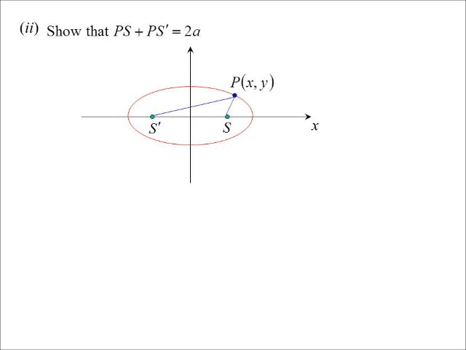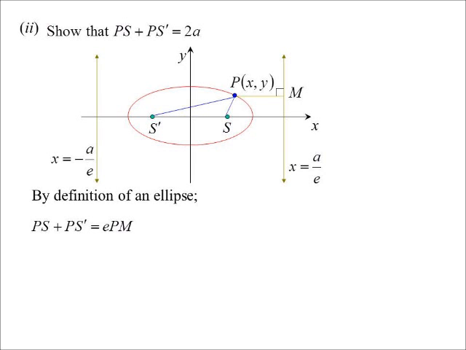And there's a very neat little proof. Remember, it's always easier to find vertical or horizontal distances than it is to find ones at an angle. So, definition of an ellipse. I know that PS plus PS dash is equal to eccentricity times PM plus eccentricity times PM dash.